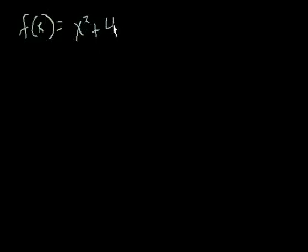So let's review that a little bit. If I had something like f of x equals x squared plus 4x plus 4, and I asked you, where are the zeros or the roots of f of x? That's the same thing as saying, where does f of x intersect the x-axis? And it intersects the x-axis when f of x is equal to 0, right?